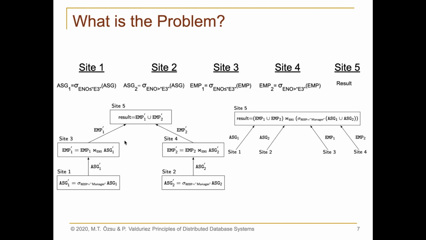According to strategy 1, after getting assignment 1 prime and assignment 2 prime, that means after getting assignment prime, which is a union of these two, the second operation is transfer of these sub-relations or primary horizontal fragments. So for the first site, the transfer is done from site 1 to site 3, and for the second part, the transfer of primary horizontal fragment is done from site 2 to site 4.